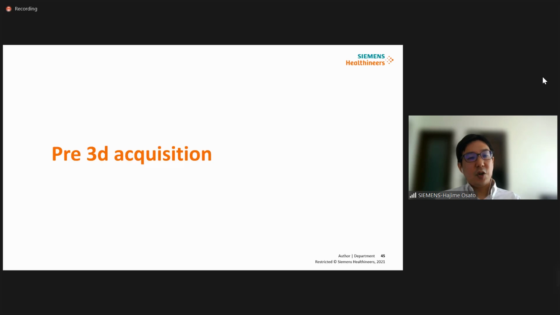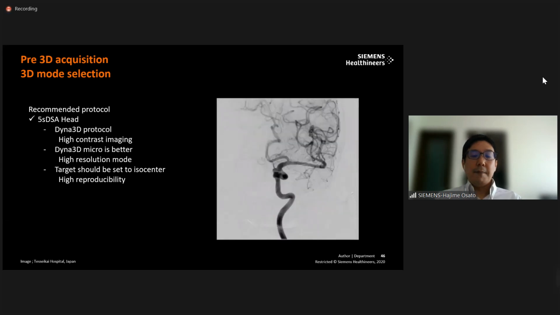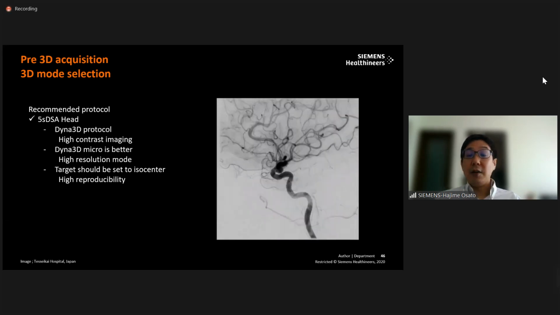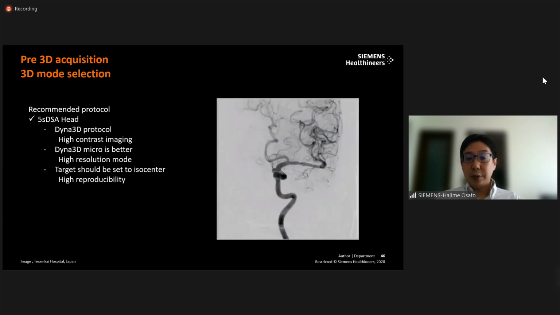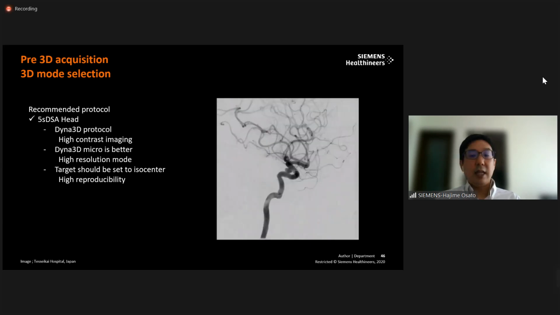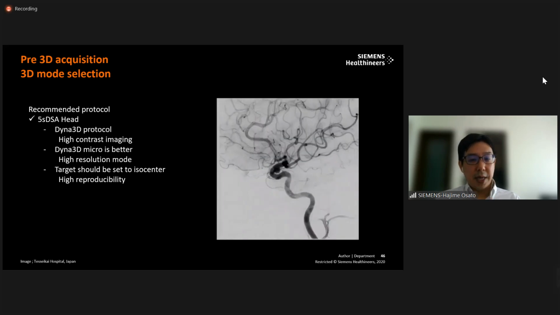All right, so go to the pre-3D acquisition. In this case, the Dyna3D protocol is used. It is high contrast imaging.